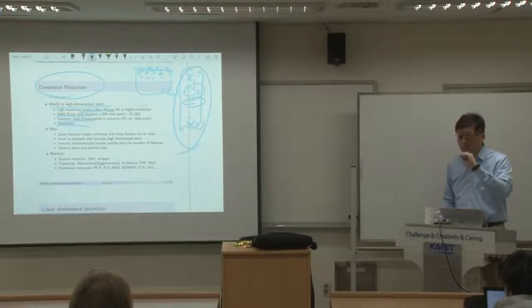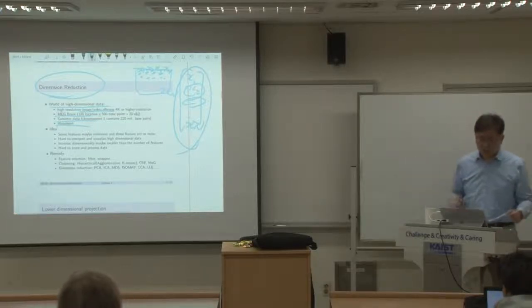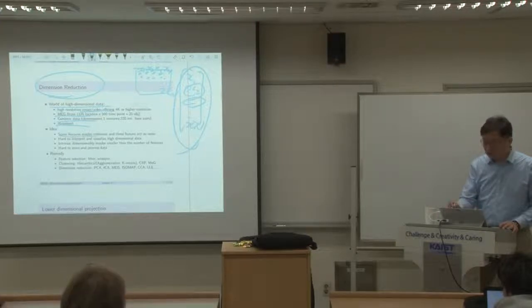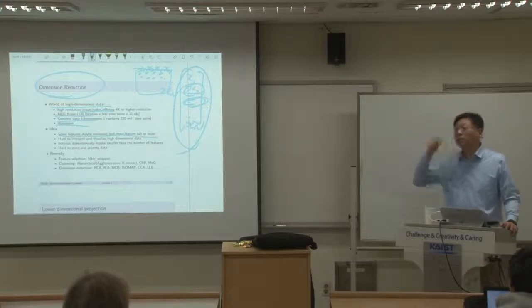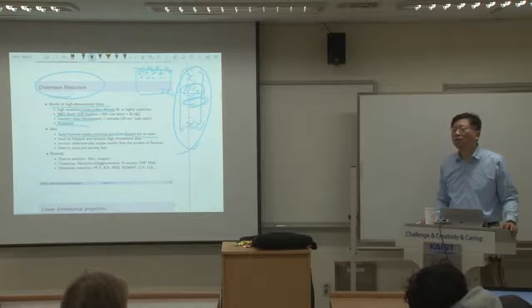So each word is a 70,000-dimensional vector, and there are many words, so it's huge. The idea of dimension reduction is that some of these features are irrelevant and act as noise when you're performing a certain task. They don't provide relevant information.